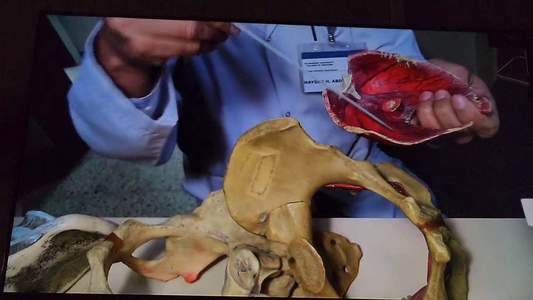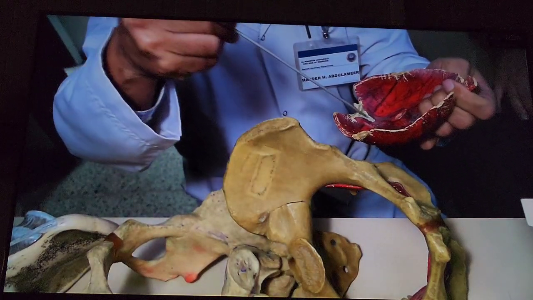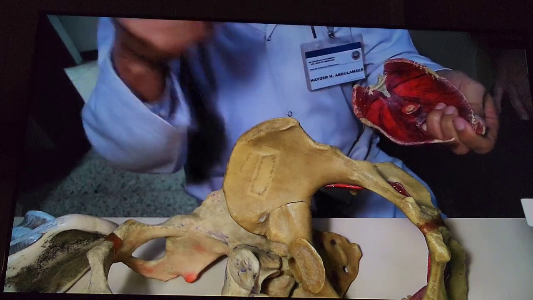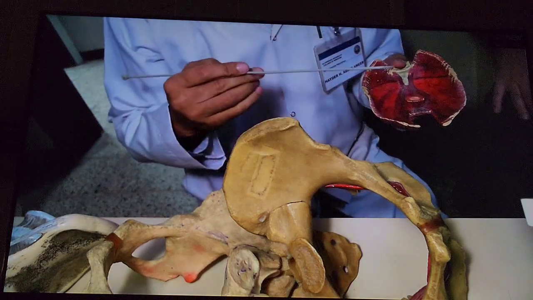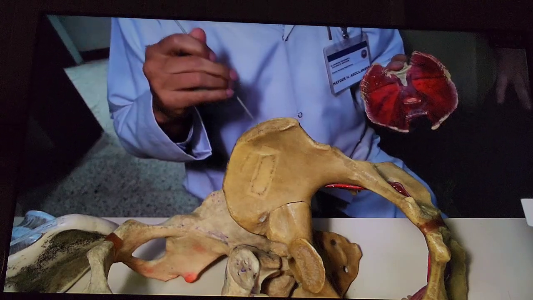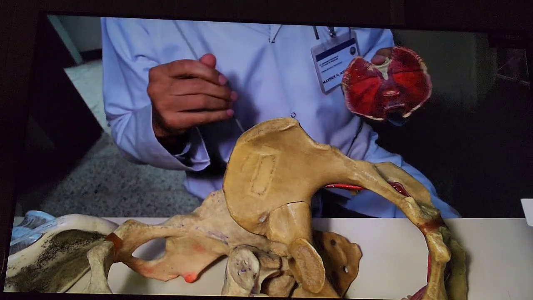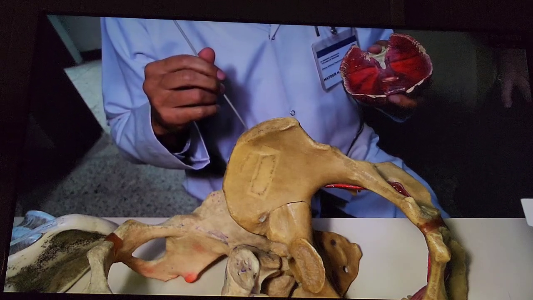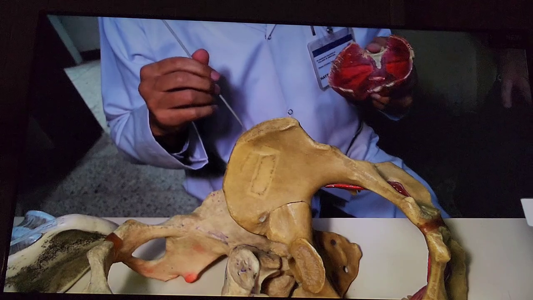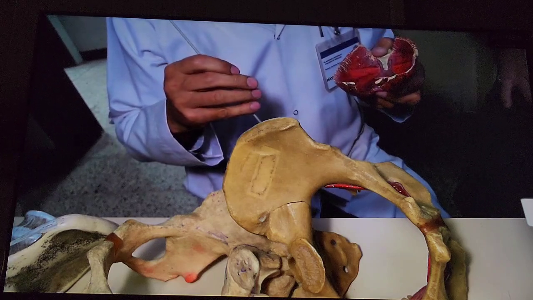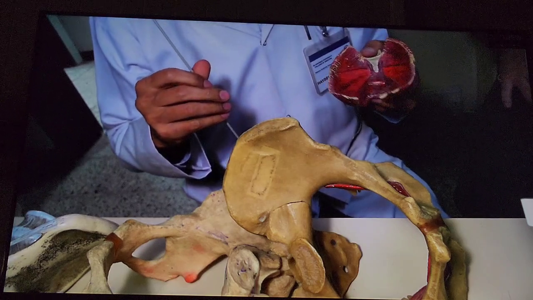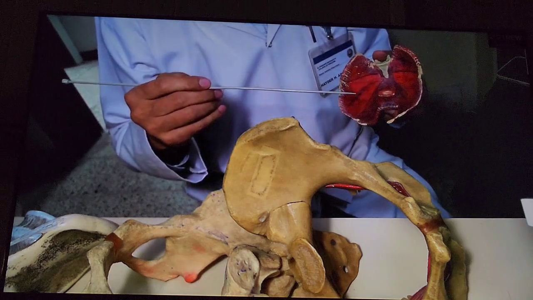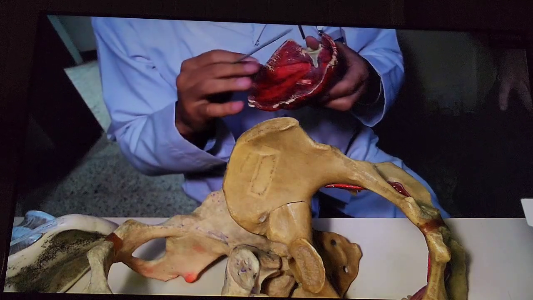This is the levator ani muscle, and this is the coccygeus muscle. These two muscles form the floor of the pelvis. The pelvic diaphragm is composed on each side, as I mentioned, of these two muscles, the levator ani and the coccygeus muscle.